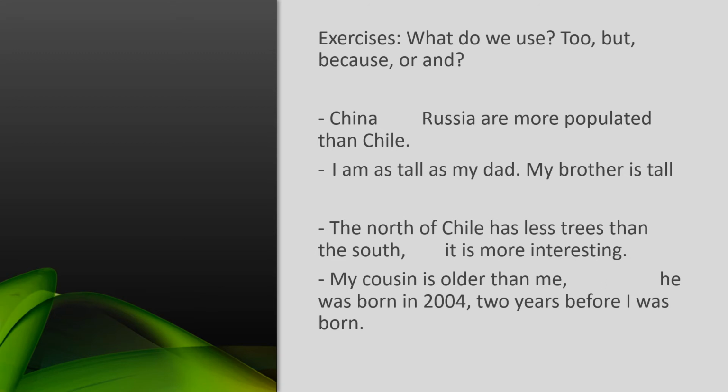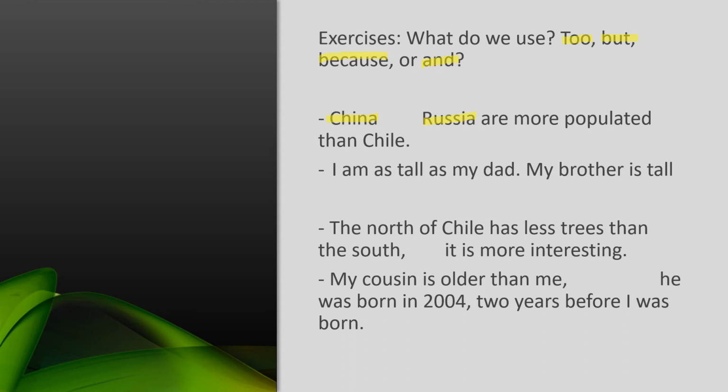Now, here we have some exercises. We have to decide what to use: too, but, because, or and. You have to use one of these four words. Here we have: China, Russia are more populated than Chile. Can we use too?